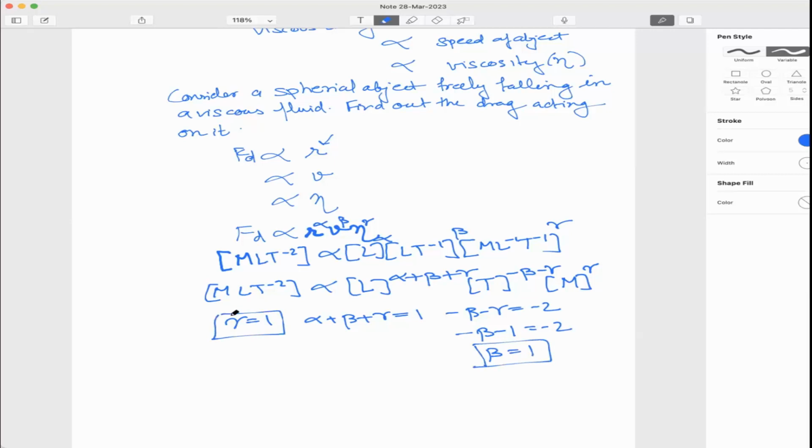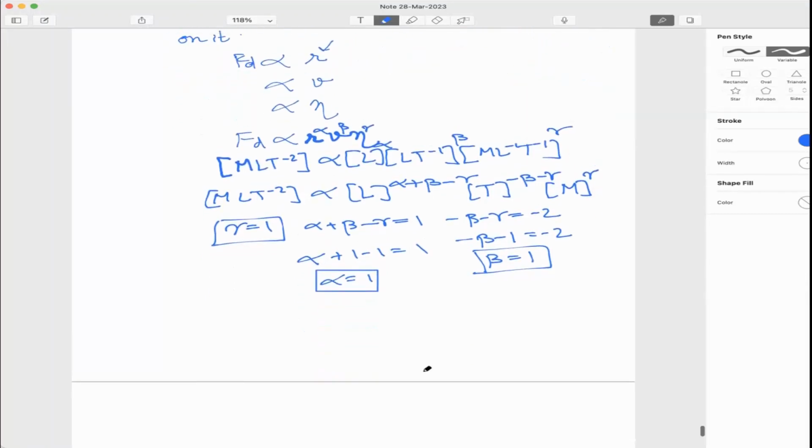Gamma is 1. Alpha plus 1 minus 1 is equal to 1, so alpha comes out to be 1.